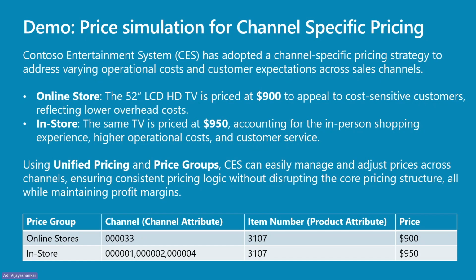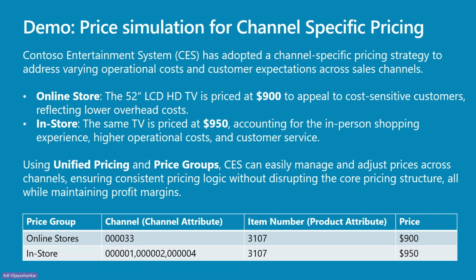We are recapping the scenario introduced by Liam in the previous demo, where he explained the setup of price groups. To summarize, CES uses price groups to manage channel-specific pricing for their 52 inches LCD HD TV. For their online store, the TV is priced at $900, reflecting the lower operational costs of e-commerce.